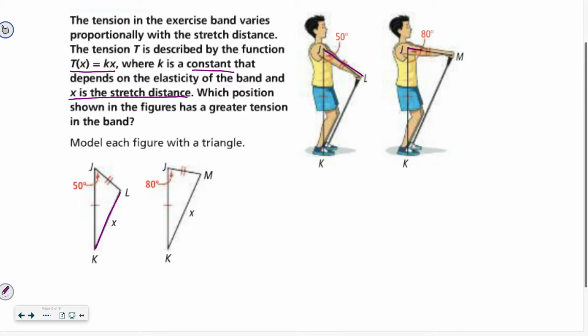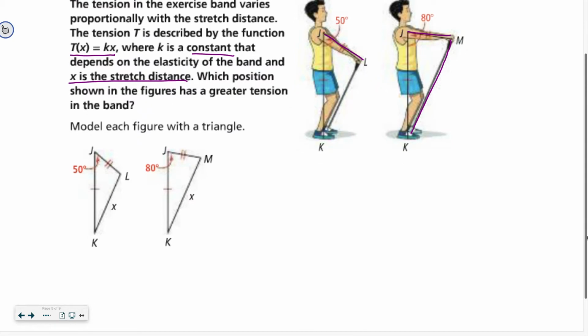But then if his arms are at an 80-degree angle, you can see that the band has stretched farther than when it had the 50-degree angle. So which position has a greater tension in the band? Well, the farther you pull it, the more tension there is. So that means that the 80-degree angle has greater tension than the 50-degree angle.